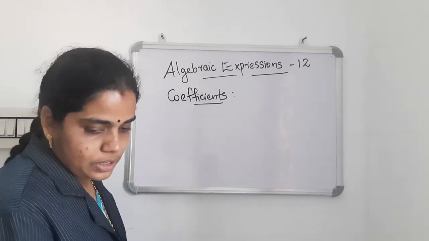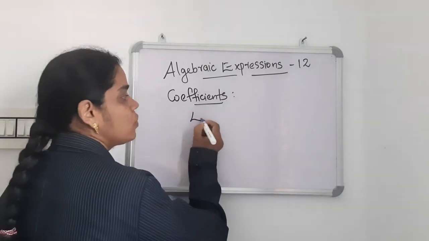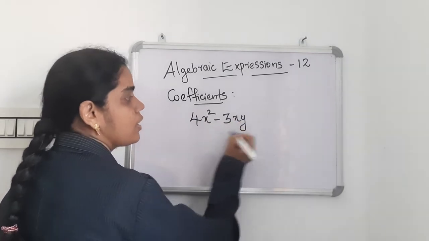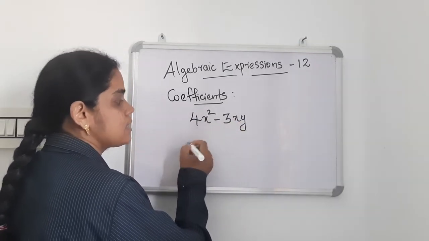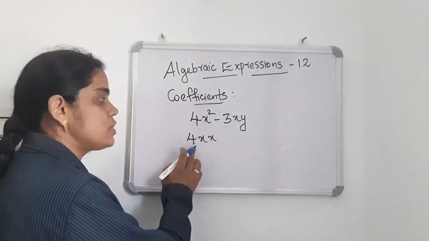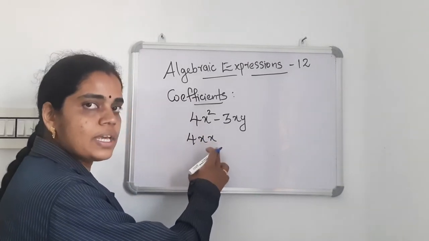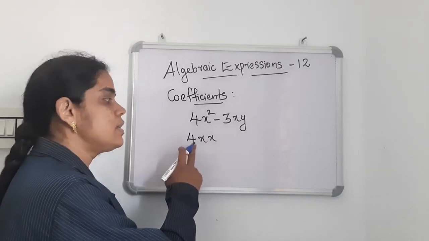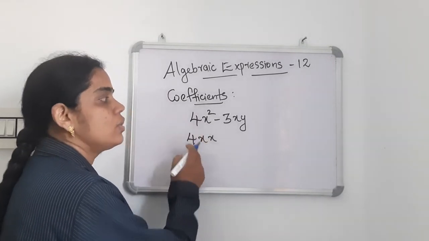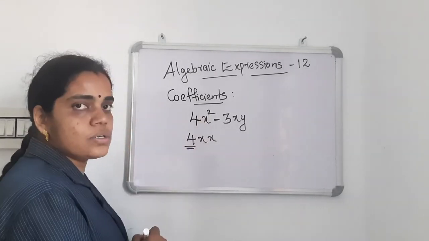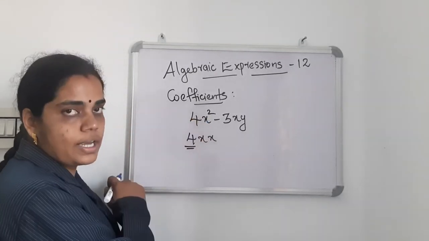So in the previous example, 4x² - 3xy, we already discussed the factors are 4, x, x. Here x is a variable but 4 is a numerical number. So this 4 is known as the coefficient of x².